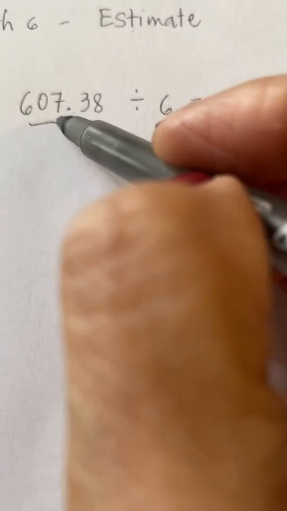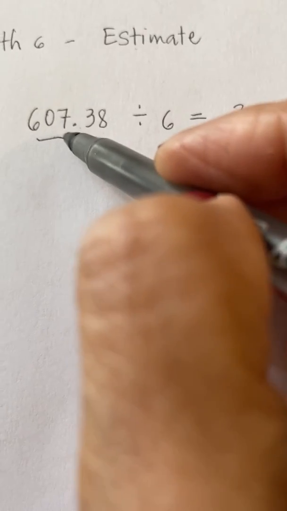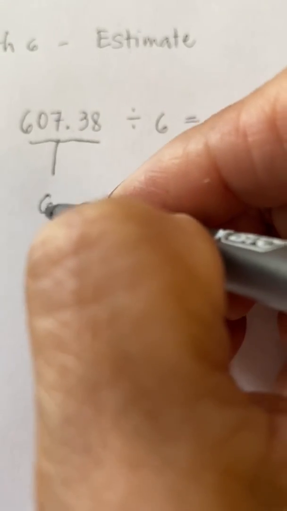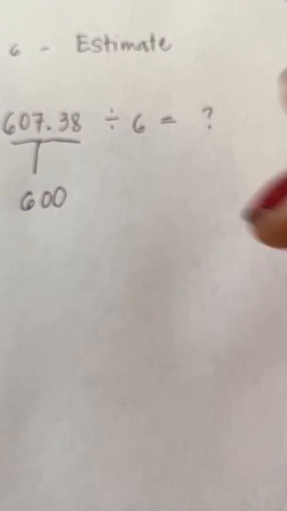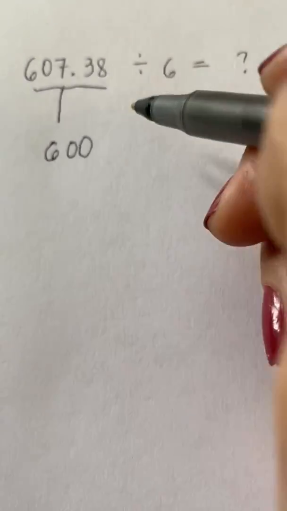Okay, so I am going to round this off to the nearest hundreds, and that will be 600. So it will become now 600 divided by 6.